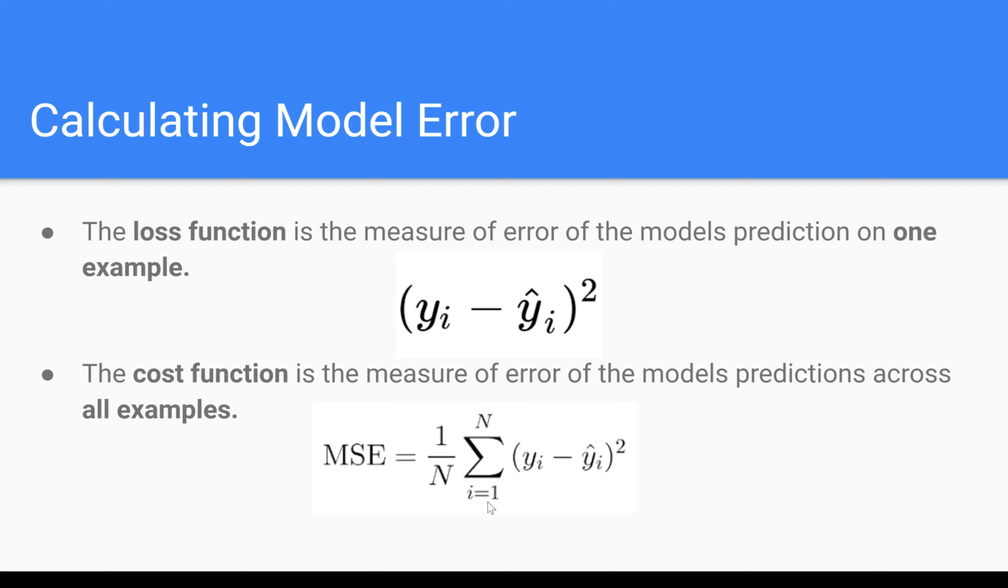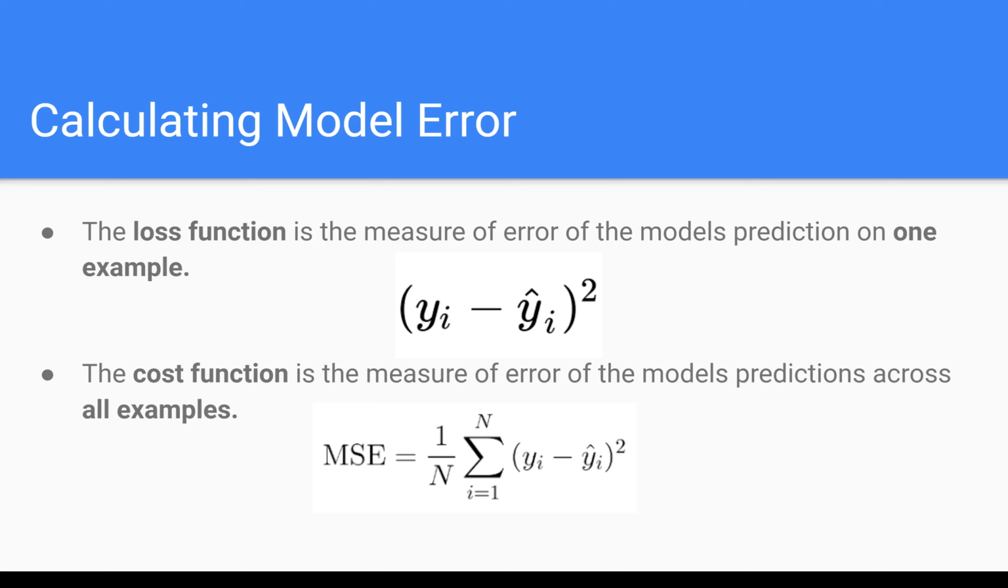This is what i equals 1 to n, the summation operator, is doing: it's calculating that squared error on every single example, summing it up across all examples in the data set that your model was trained on, and then dividing by the number of examples in your data set to get an average. So this sum and division right here is just the average. That's why it's called mean squared error, because mean is average and squared error is this squared error term right here. We're taking the average squared error across the entire data set.